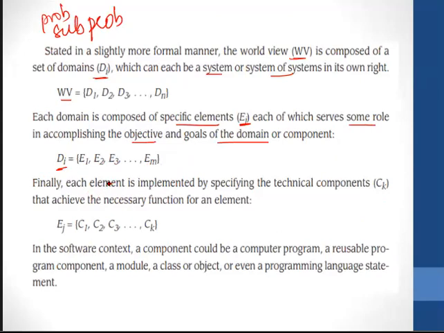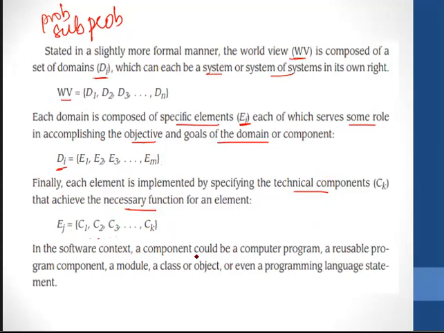Then finally, each element is implemented by specifying a technical component C of k that achieves the necessary function for an element. That is, each and every element is going to make use of a technical component to complete the task. That is, E of j is going to consist of different technical components.